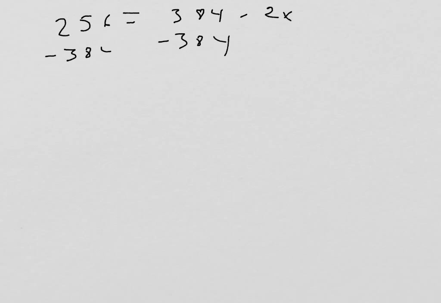Now again, if I would have done this correctly, following the rules I just stated, we wouldn't have gotten these negative numbers. So again, my zero pair, so I'm just going to bring down my negative 2x, and then I'm going to simply subtract 256 from 384. So 384 minus 256 is going to give me 128, but that's a negative 128 because that's bigger.